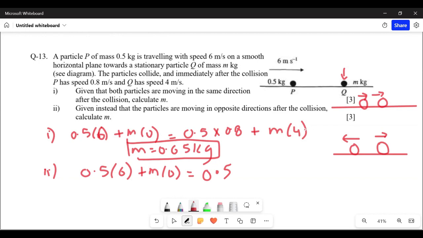Now it's moving left, so it has to be negative velocity. So the velocity is going to be negative 0.8 plus m times 4. So you have to find m from here, which gives us 0.85 kg.